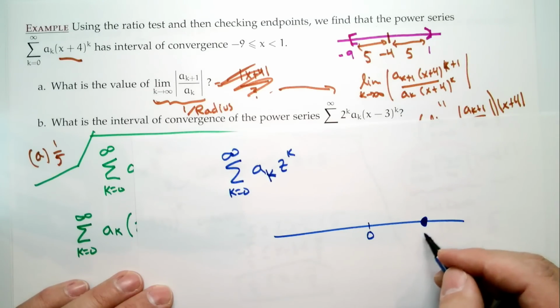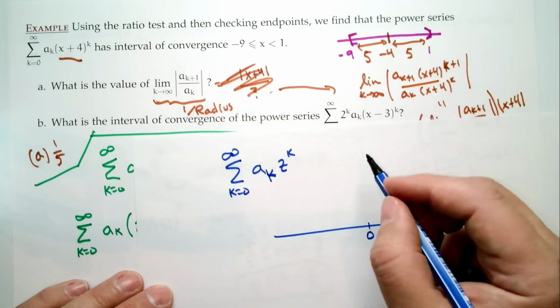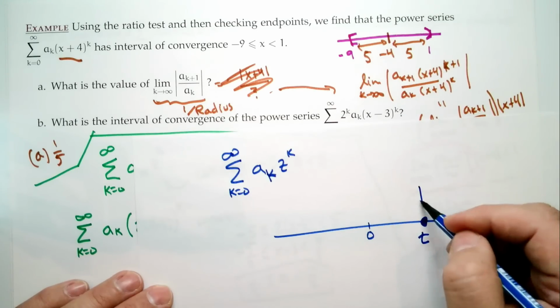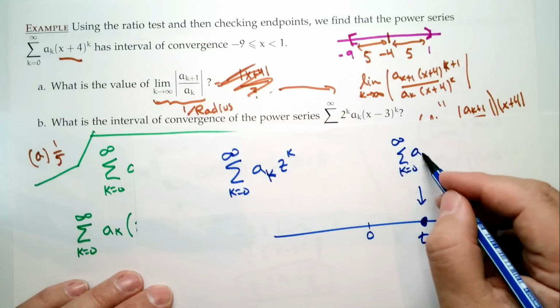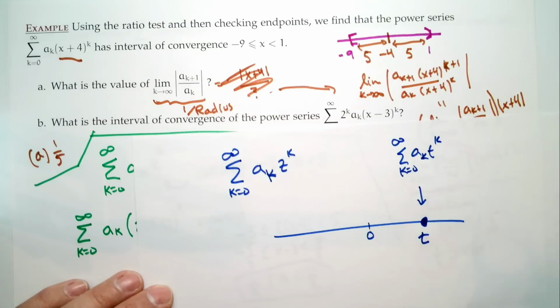So there's some number here, let's call it t. So I know that when I plug t in, the sum k equals 0 to infinity of a_k t to the k is a convergent sum. See, that gives us information.